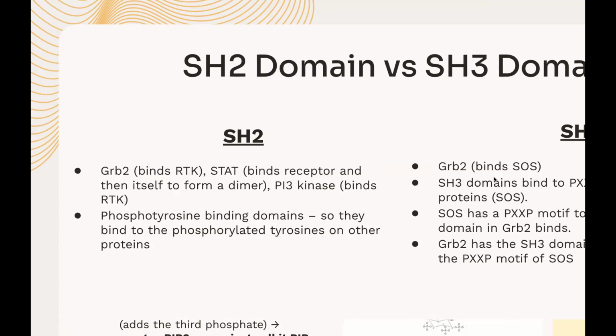Okay, so SH3 is different. It's not tyrosine. It's on the other side of GRB2, and it's what binds to the SOS. And that part of the SOS is the PXXP motif. So think about SH3 always binds to the PXXP. Makes sense? Those two always go together.